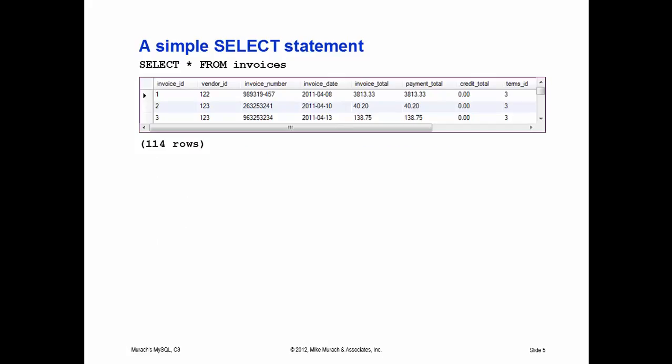So in this example, select star from invoices, star means everything. That means show me everything in the invoices table, including the names of all the fields and every record that's in there.